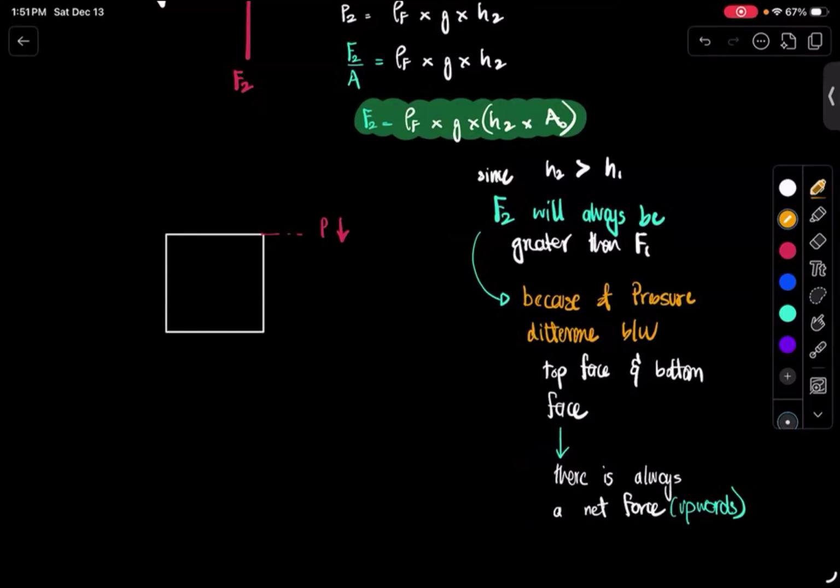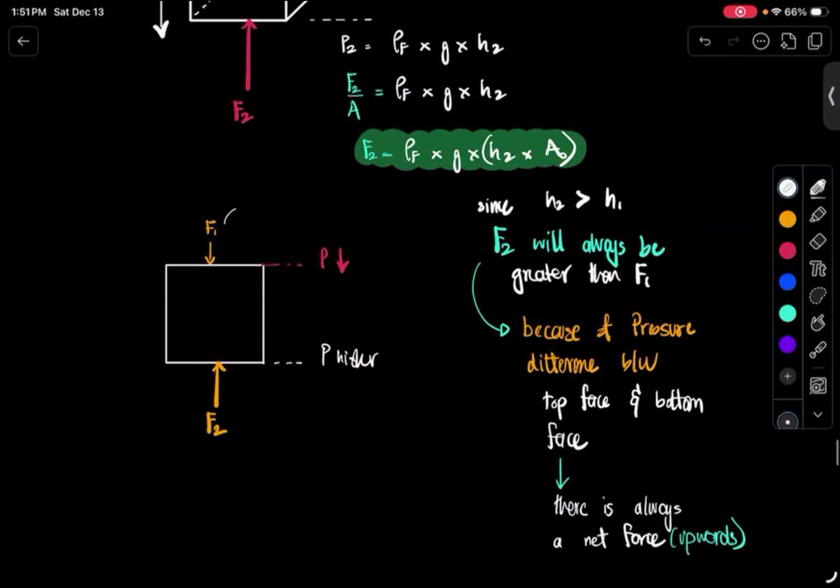Which means there must be force F1, which is small because the depth is smaller. But at a greater depth, the pressure is higher, right? Then that must mean there would be a greater force upwards equal to F2, right? So F1 is at depth H1 and F2 is at depth H2, right?